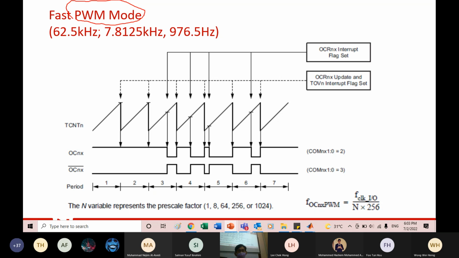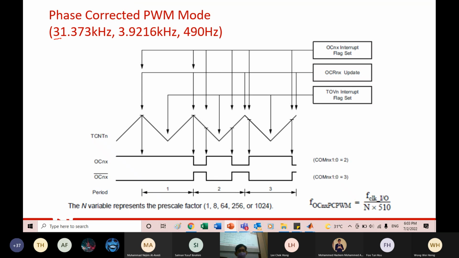For example, you cannot say, I want to choose 10K, 20K, or 5K. Cannot. It is fixed at something like 976 Hz, 7.8K or 62K. So this is a limitation of using Arduino. But for us, it's good enough. We know that 7K is greater than 5K, right? You get quite a good resolution. So there are a few frequencies we can choose for modulation purposes.